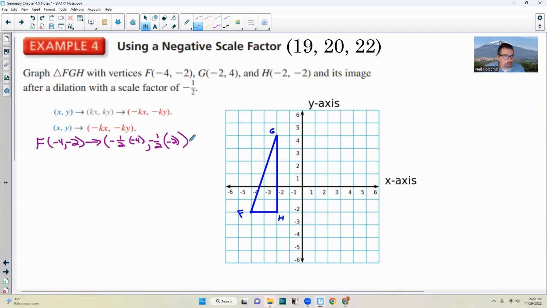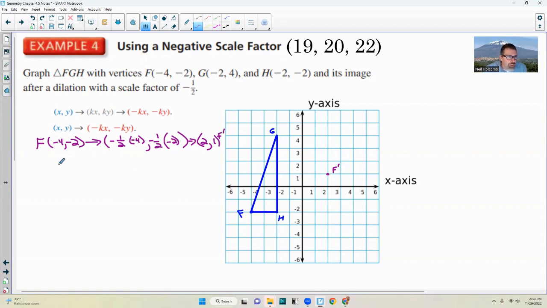So this is going to give us negative times a negative is positive, and 1/2 of 4 is 2, comma, negative times a negative is positive, and 1/2 of 2 is 1. So that is F prime. So I'm going to go over 2, up 1, and that is F prime.